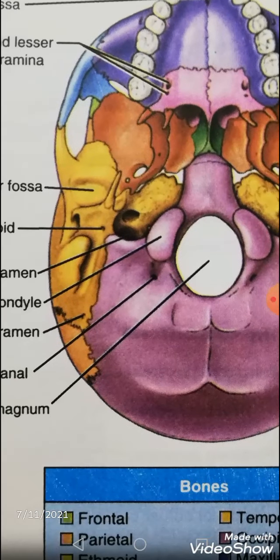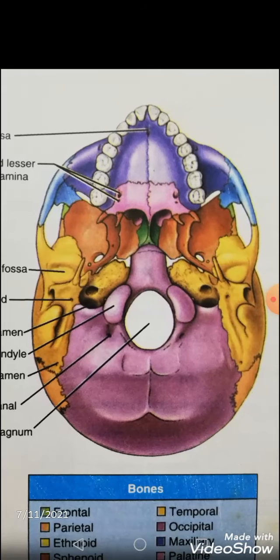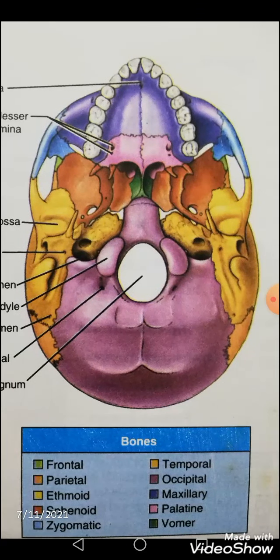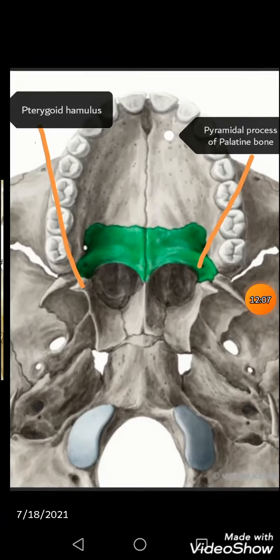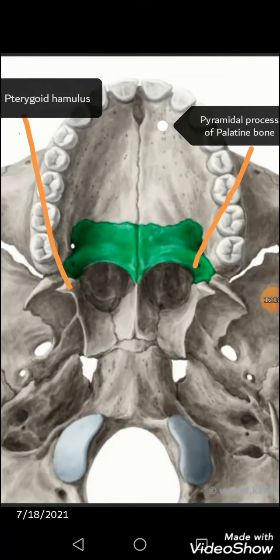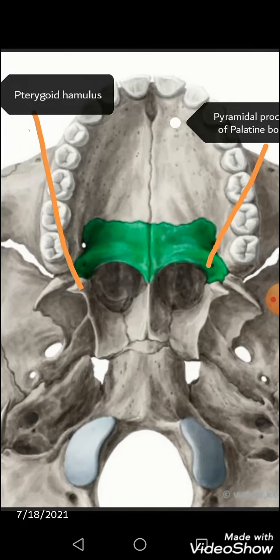And here the colored picture will show you the distribution of different bones taking part in the Norma Basalis, right? And a little bit more. This part will show you the pyramidal process of the palatine bone where it lies, and you can see the pterygoid hamulus of the medial pterygoid plate.